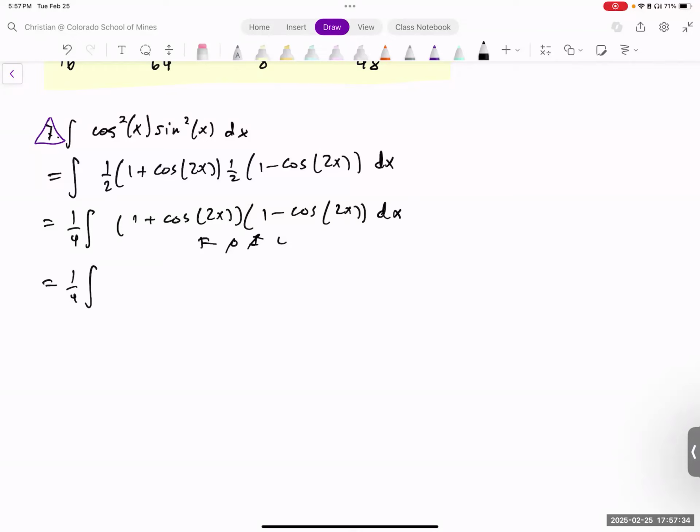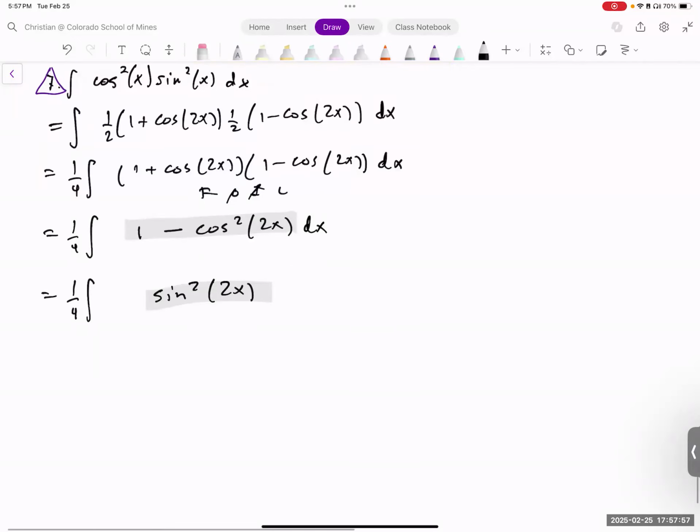When you FOIL there, it's 1 and minus cosine squared 2x. Rather than integrate each of those, let's use the Pythagorean identity and make it sine squared of 2x. So again, all of this became this. And then sine squared 2x, that has a half angle identity.